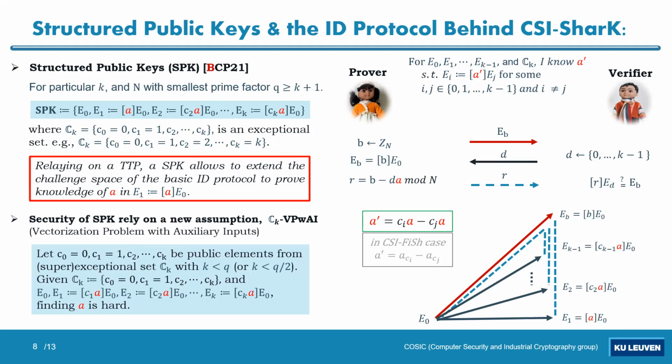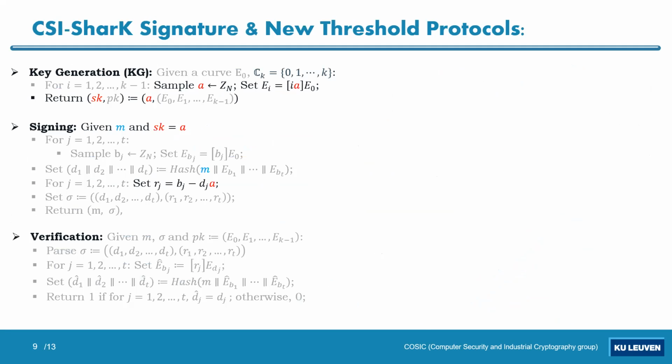In the case of CSI-FiSh, it was just A_CI minus A_CJ. So for the verifier, nothing changes. Just the prover changes how it samples these keys. And again, the soundness rate is 1/k as in CSI-FiSh, and you need to repeat the same number of times. This is one reason why we have the same signature size and signature protocol. But the keygen would be different in the threshold case.